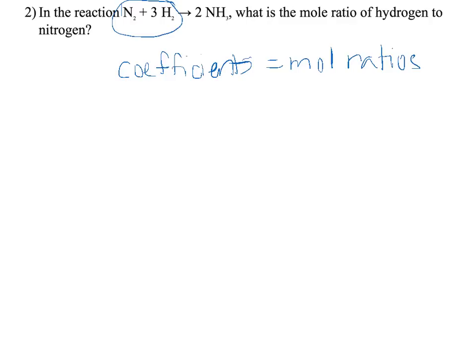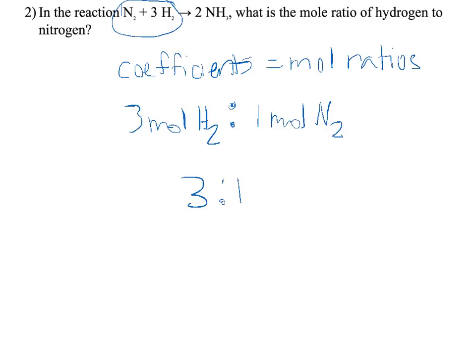So if you need to, you can put a 1 in there. And there's a 3 in front of the hydrogen. So that means that our mole-to-mole ratio is that there's 3 moles of hydrogen to every 1 mole of nitrogen. The other way you can write this is just 3:1.